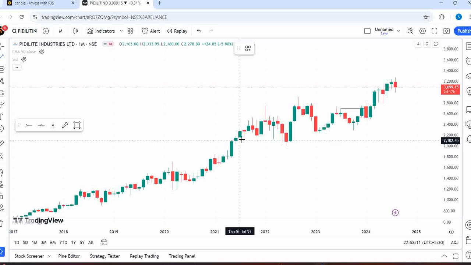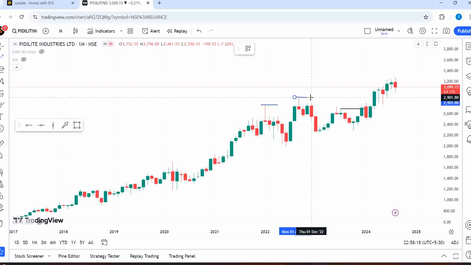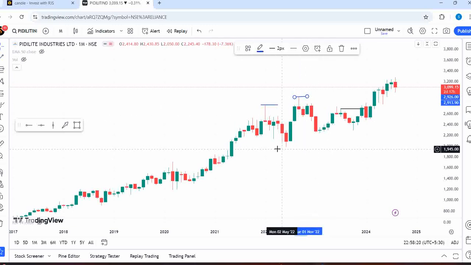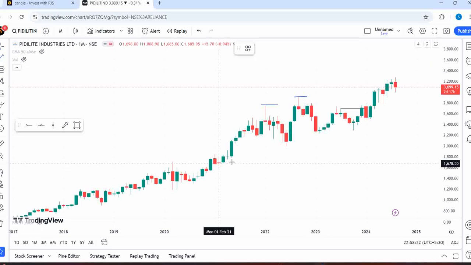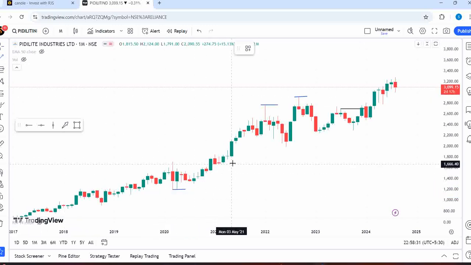This is one point where it is unable to go up, and this is also one point where it is unable to go up, and here is one point where it is not going down. From here again, and from here also, these points, and it is actually going upwards, right?